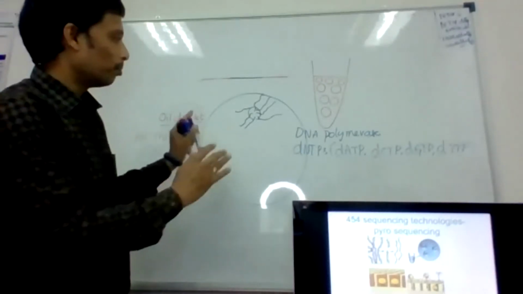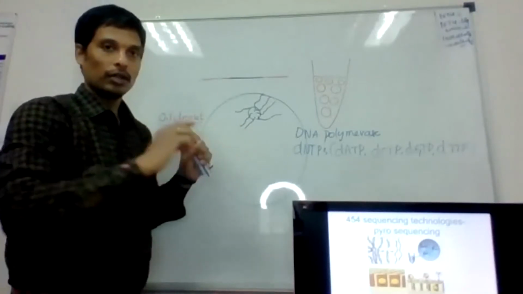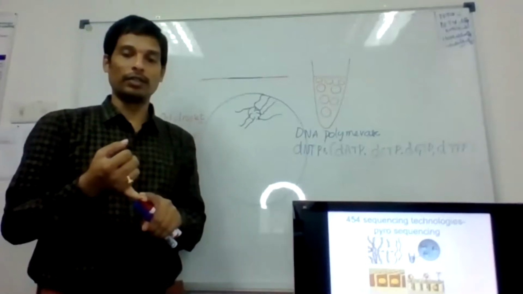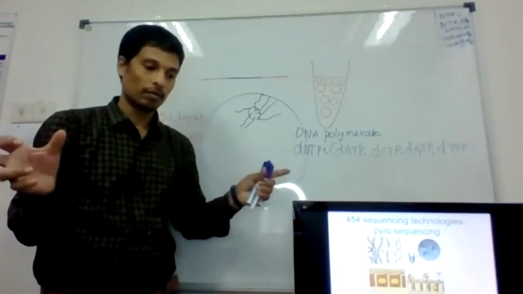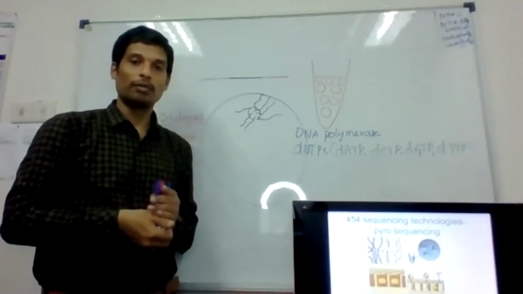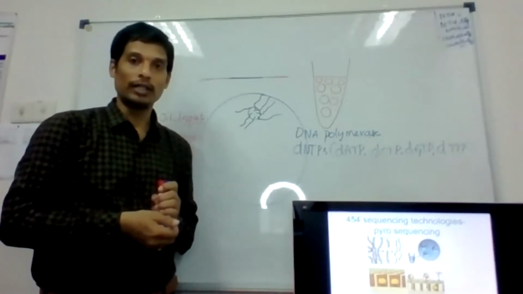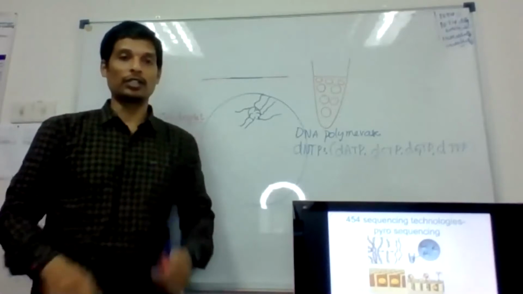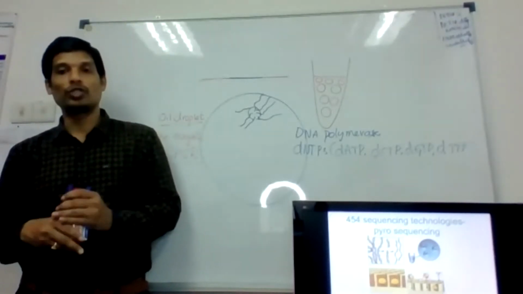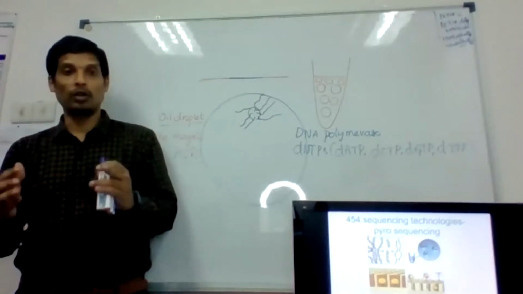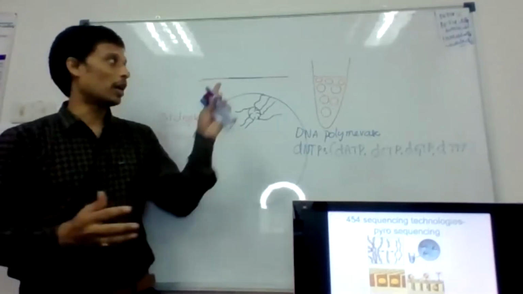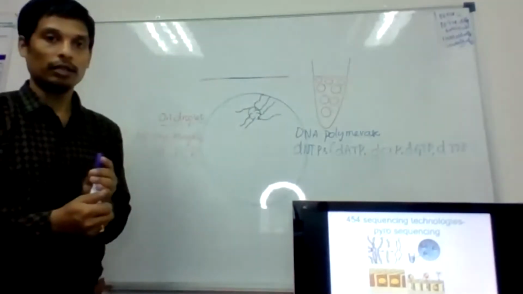So by this, the second step is finished. What is the second step? You are introducing the small fragments of DNA attached to adapters into the emulsion PCR solution. The emulsion PCR solution has oil droplets. Each oil droplet contains all the ingredients needed for PCR, and also has beads with multiple copies of immobilized oligos complementary to the adapter you introduced in the first step.